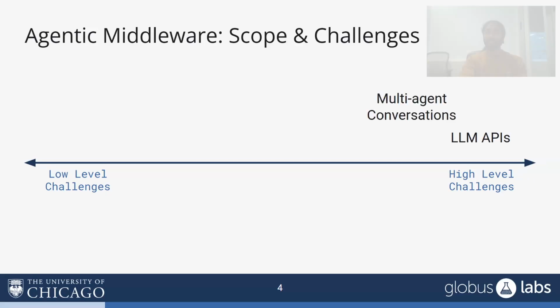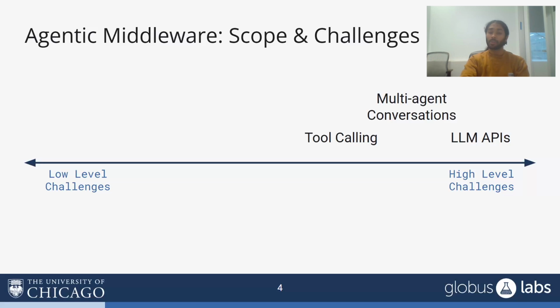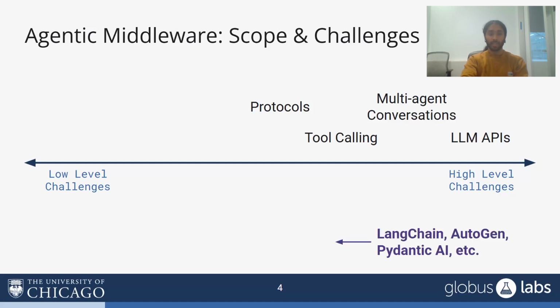How do you orchestrate multi-agent conversations between them to enhance reasoning, to equip them with tool calling, and build protocols so that they can interoperate with each other and with tools built for other services such as MCP and things like that? But there's also all of these low-level challenges from a workflows community, from a distributed systems point of view. This is where LangChain, AutoGen, Agentic AI start.